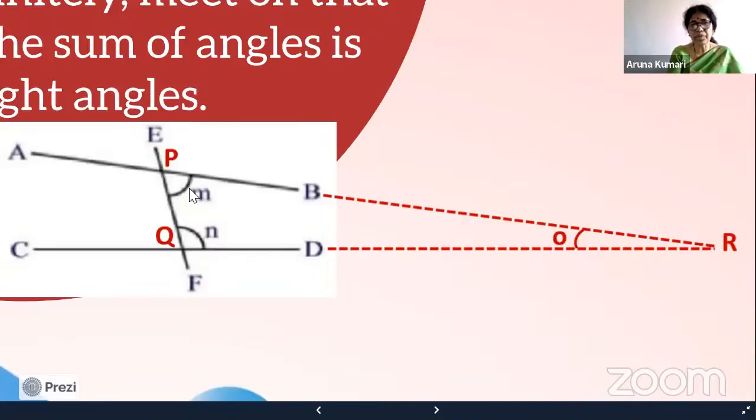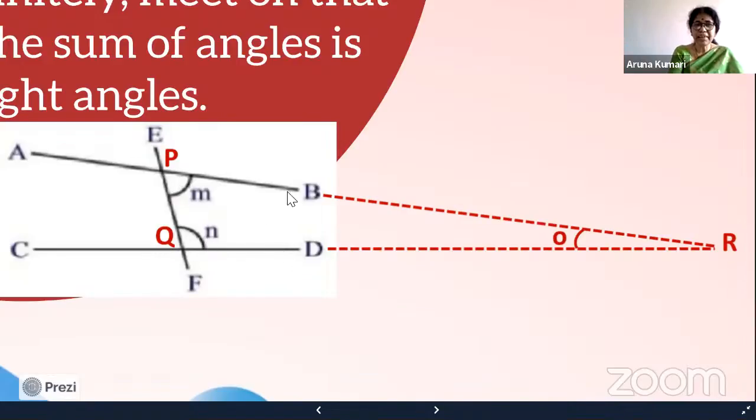No, the sum of these angles m plus n should be less than 180. But here not like that. We should take the less than side only, not this side. On the same side, if we add these two angles, it will be more than 180. Okay, we are taking two interior angles on the same side.